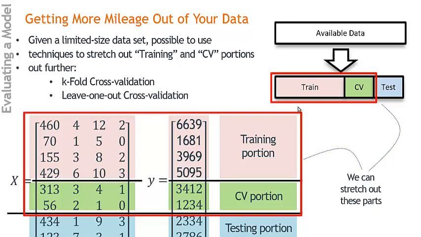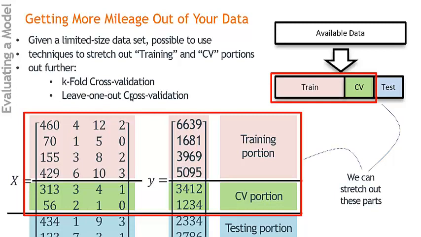Now, this picture does not mean there's a fixed CV portion and a fixed train portion. What it means is that this data can be considered as train plus CV, and we'll see how that works in a moment. I also want to point out here that there are two types of cross-validation mentioned here: k-fold cross-validation and leave-one-out cross-validation. And here we're just talking about k-fold cross-validation.